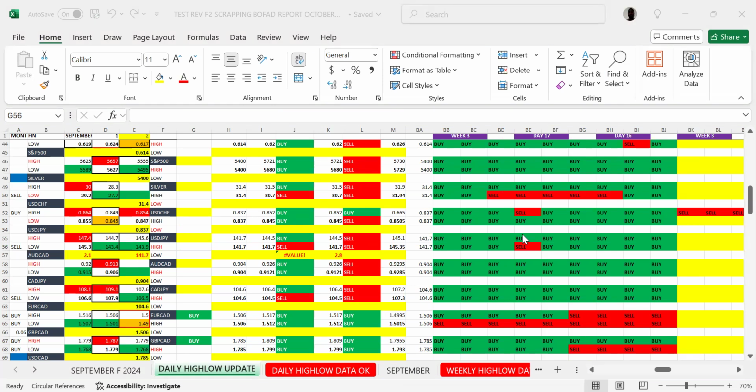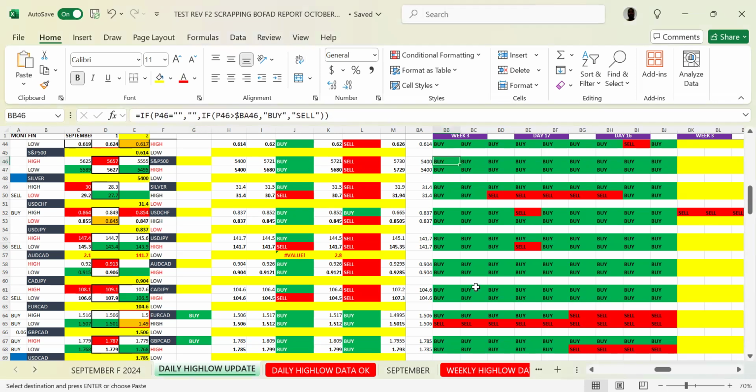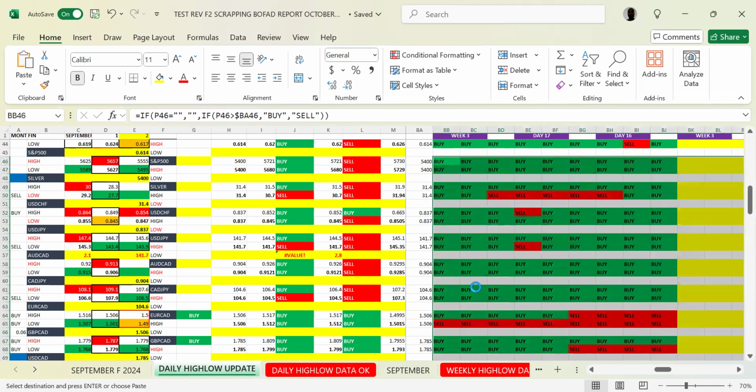So as we watch this template, we'll be inputting figures on it, and as we input the figures, it's going to help us determine what action to take, whether to buy or to sell.